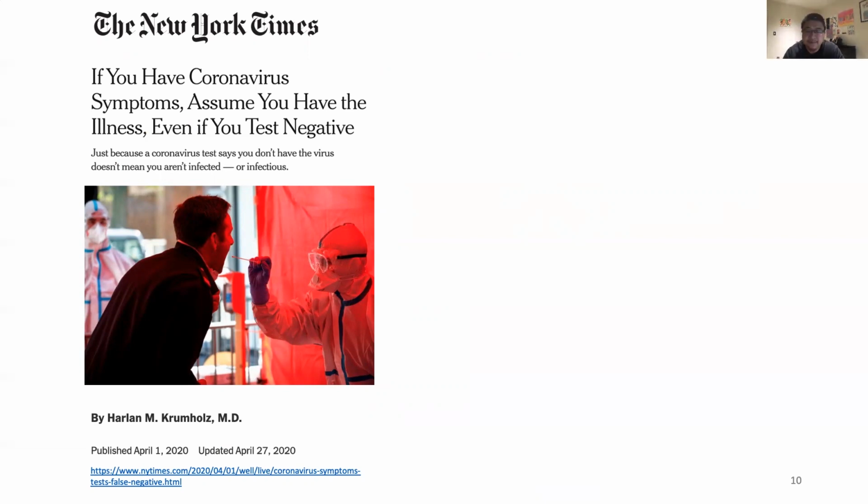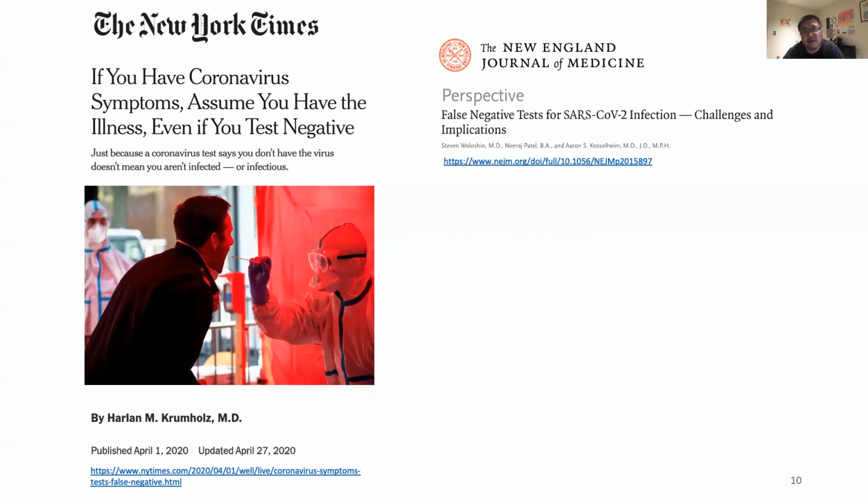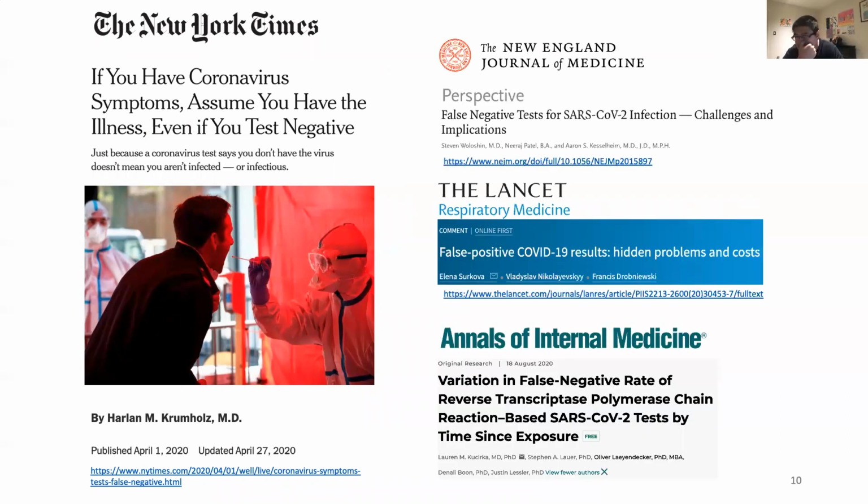Along with this article, quite a few papers published in prestigious clinical journals express concerns about the potential false negatives of the RT-PCR test.